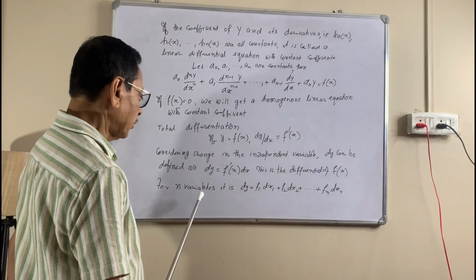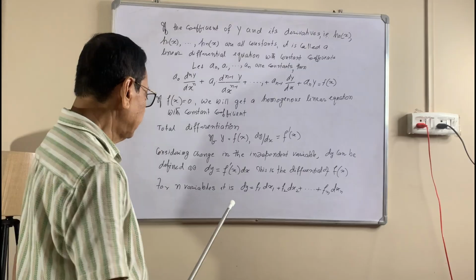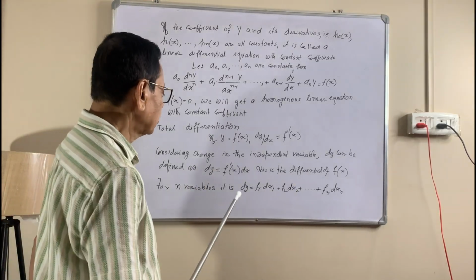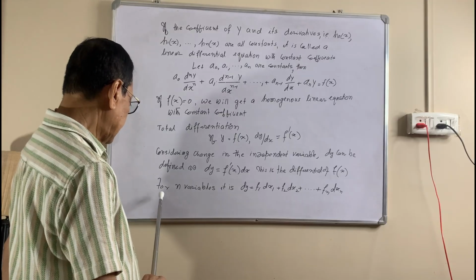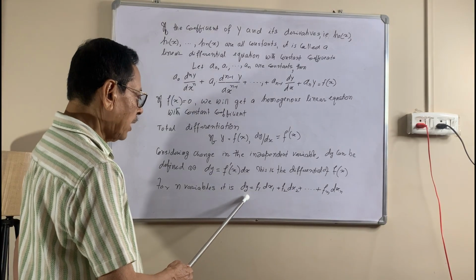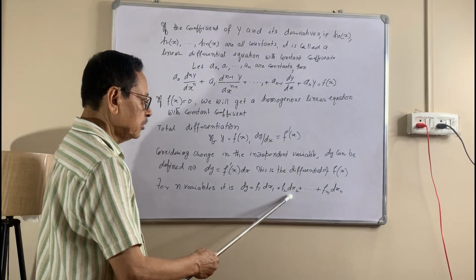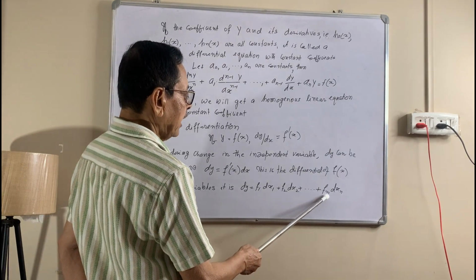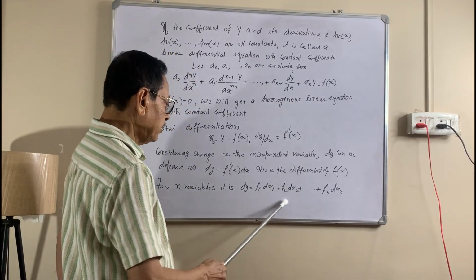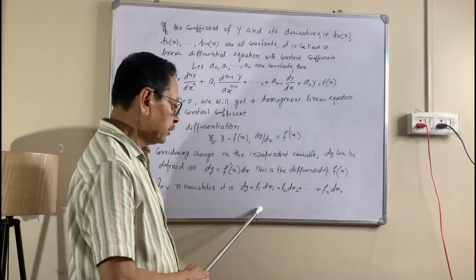For n variables, suppose there are n independent variables, y is a function of x1, x2, x3, and so on up to xn, then dy, the change in y, will be f1 dx1 plus f2 dx2 plus so on fn dxn. So this is widely used in economics interpretations.